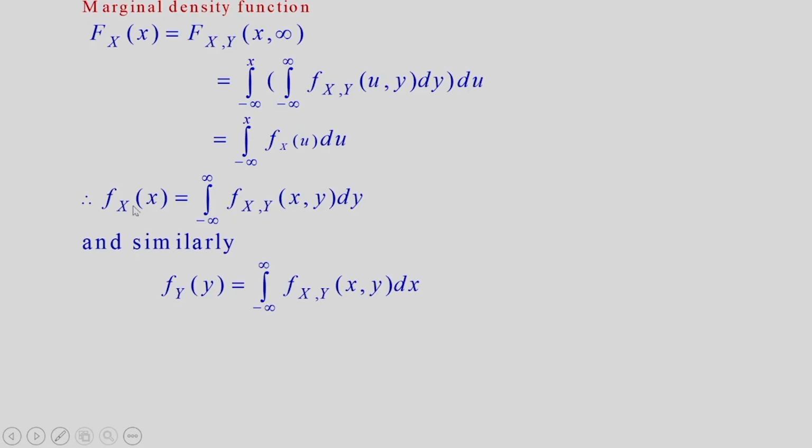So to find f_X(x), we integrate the joint PDF with respect to the other random variable Y. Similarly, to find the PDF of Y, we integrate with respect to x. That way, marginal density functions can be obtained from the joint density functions.